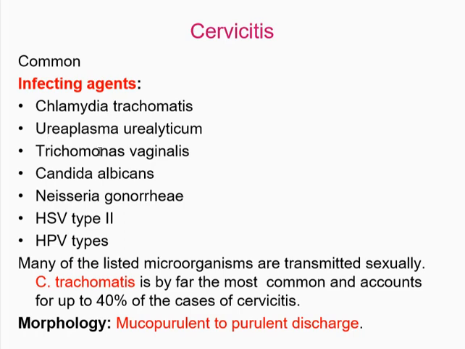You have a protozoan, Trichomonas vaginalis, which was mentioned in vaginitis, or Candida albicans may also cause cervicitis. Gonorrhea is also a cause. Herpes simplex virus type 2, or genital herpes virus, and HPV types may also be mentioned.